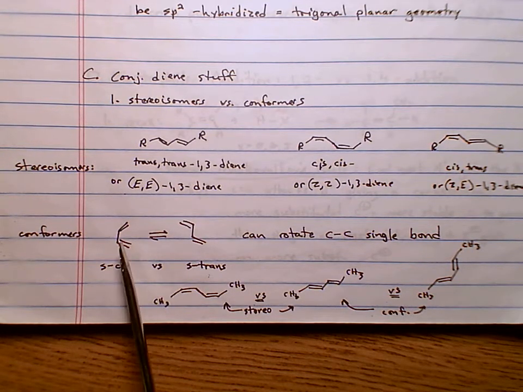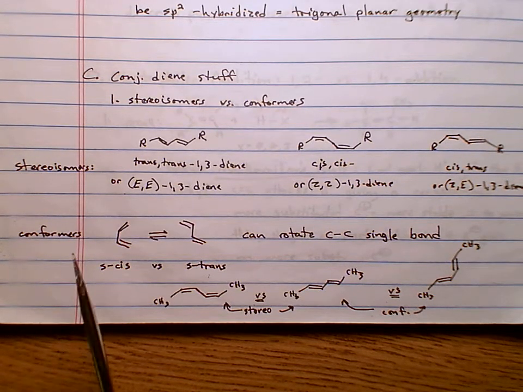So these are different conformations of the same molecule. These are not isomers. This is just a different conformation, just the same as we had in organic 1 between, say, staggered and eclipsed conformations. These are just different conformations of the same molecule, but we're going to label this one.